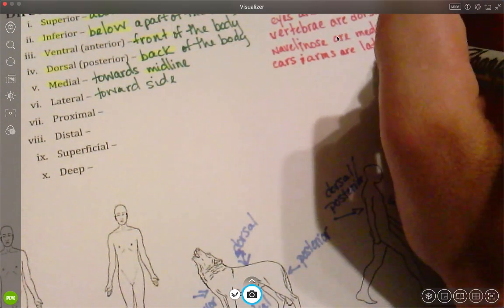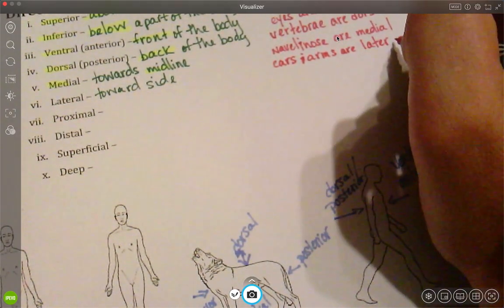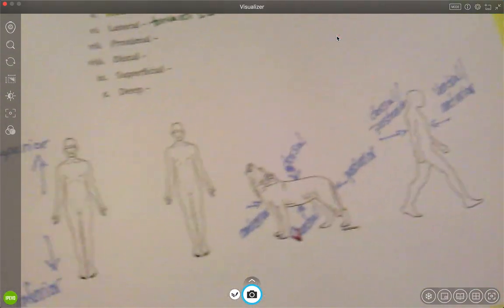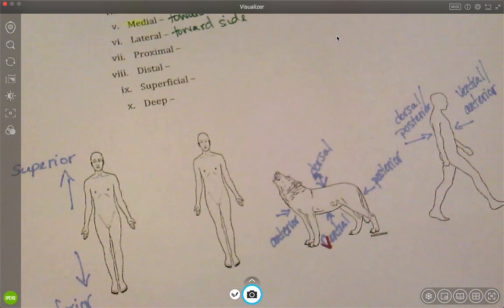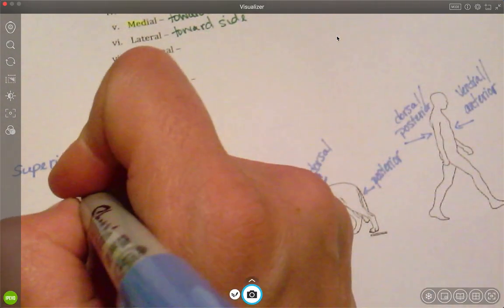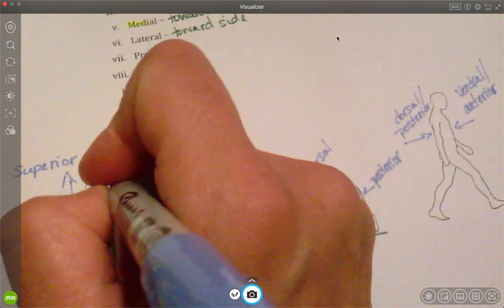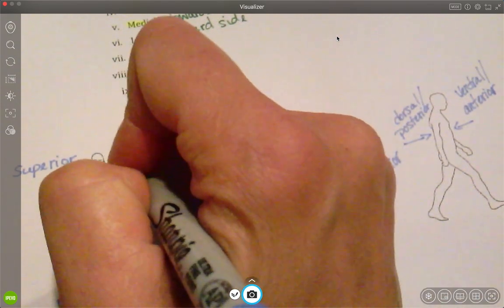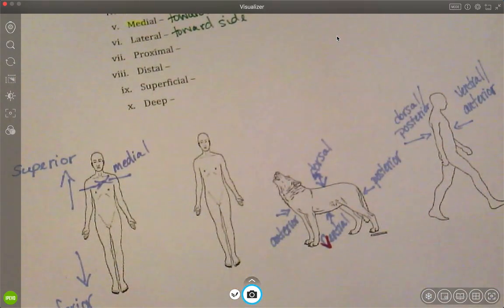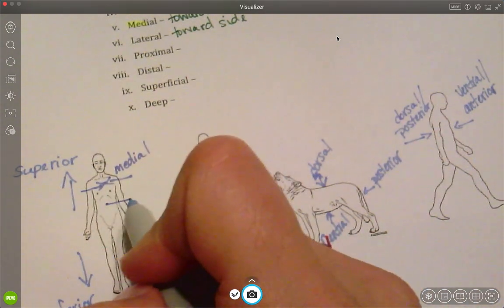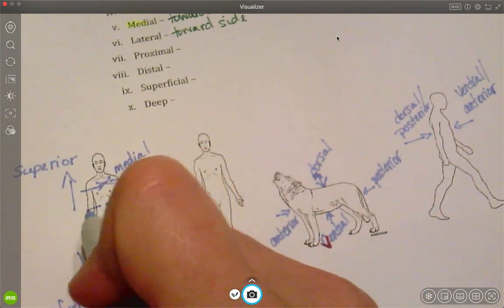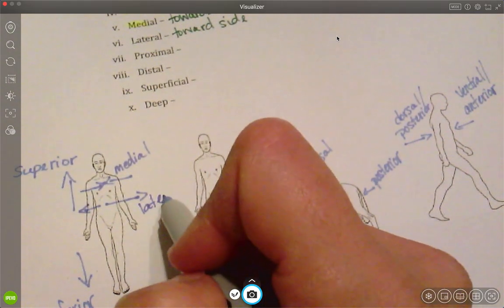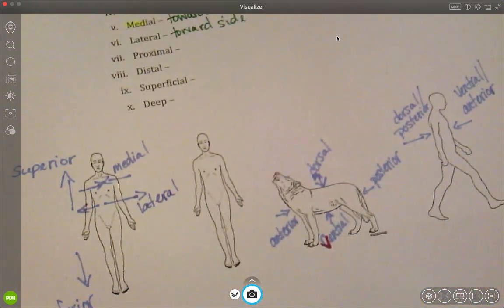They're towards the side of my body. So let's come to my picture here. So we're going to draw arrows on top of my person. So if it's towards the center, that's medial. If it's away from center and towards the outside of the body, this is lateral.